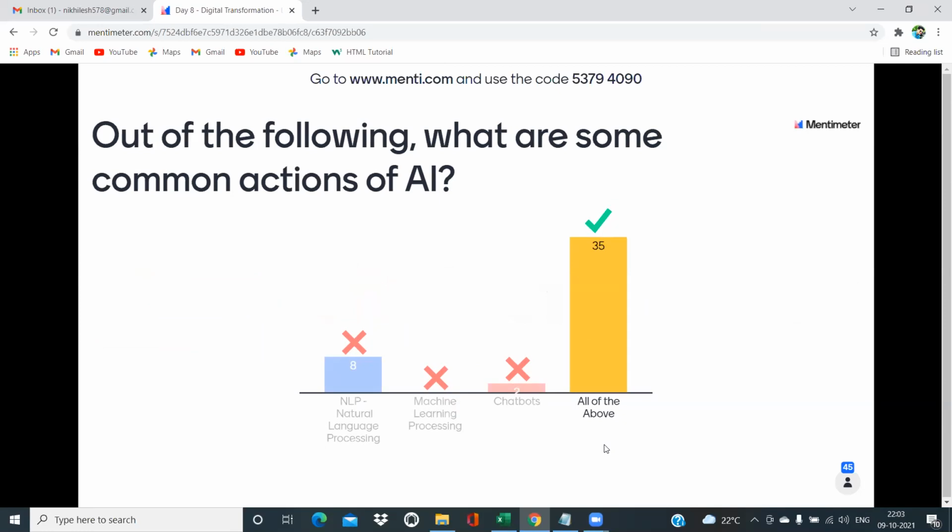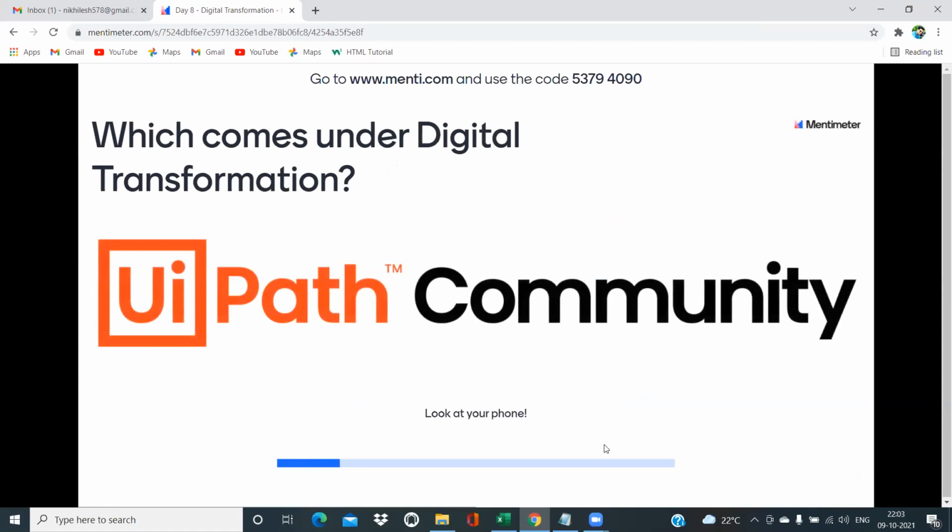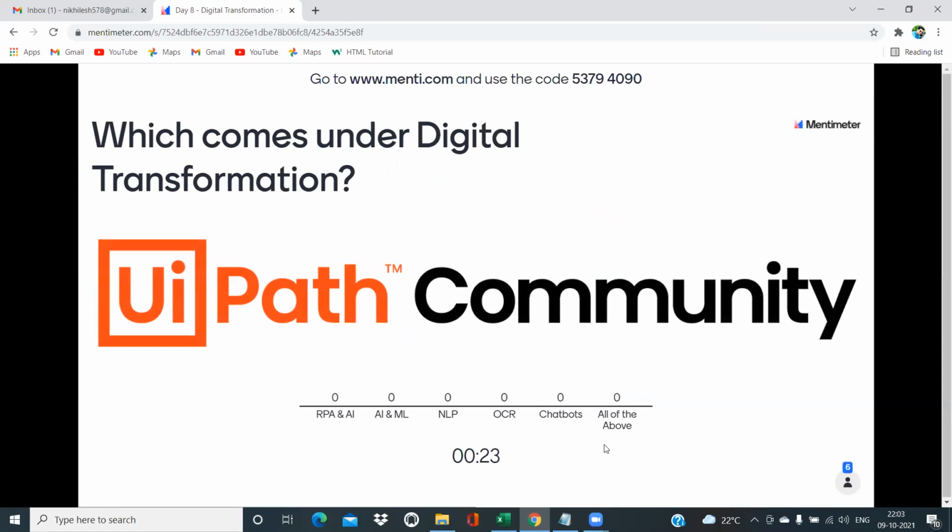Okay, let's see the next question. The next question will be, which comes under digital transformation? I hope Lahiru covered everything. For this question, you have more options.